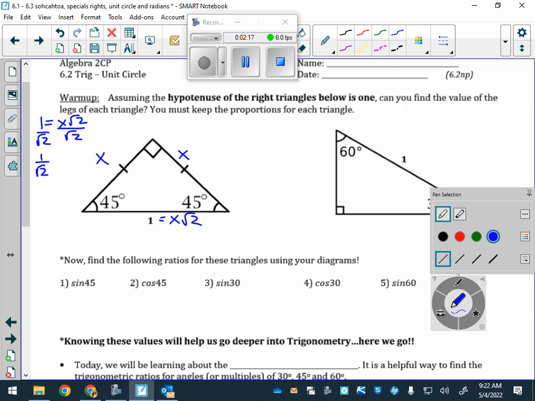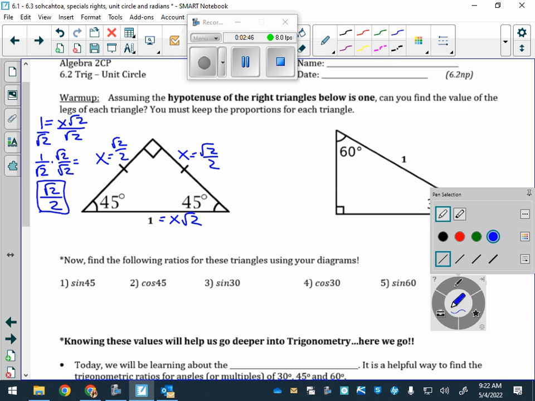Can we have a radical in the denominator? No. We rationalize, multiplying top and bottom by root 2, leaving root 2 over 2. That is both your side lengths, since they are the same. Your hypotenuse is 1, and both side lengths are root 2 over 2.